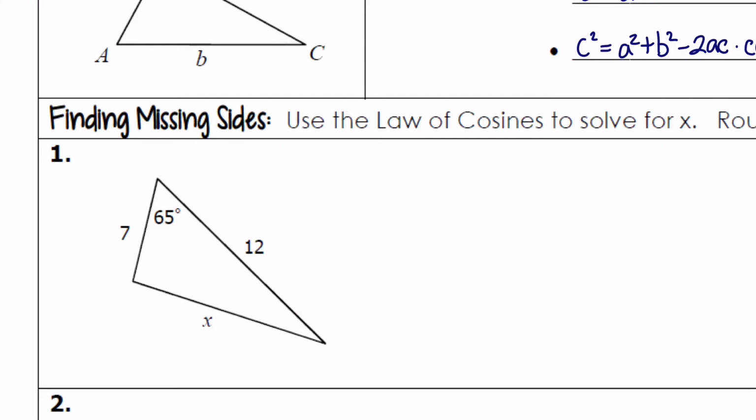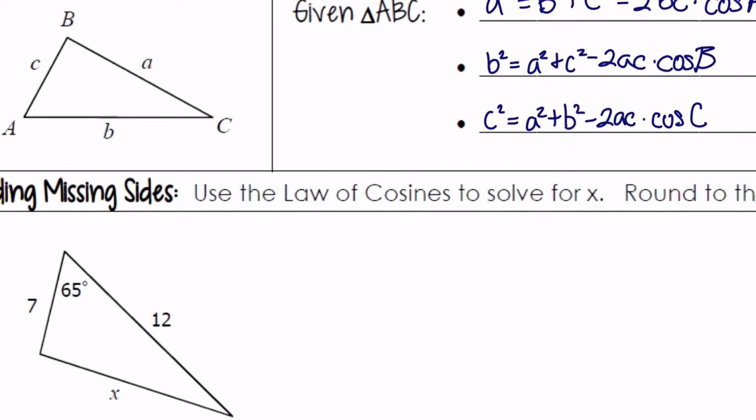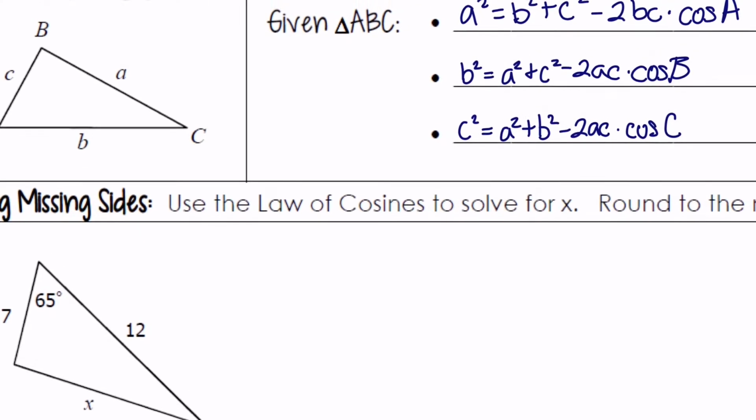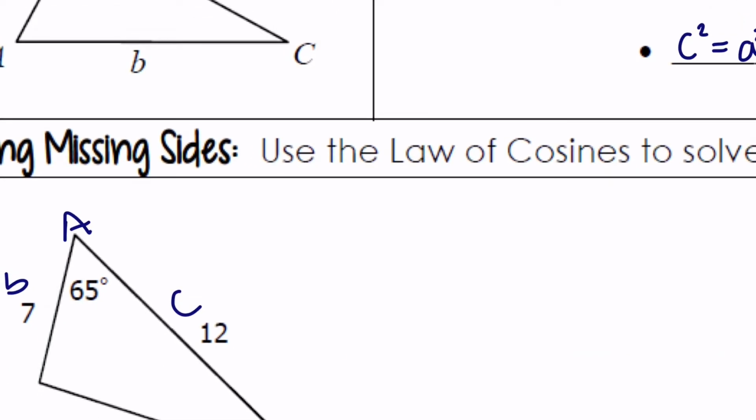Okay. Now I set it up into this formula here. I'm just going to call this one side A. This can be B, and this can be C. It really doesn't matter which one's which. Okay, so that makes this angle A. So I'm going to set this up, x squared equals 7 squared plus 12 squared.